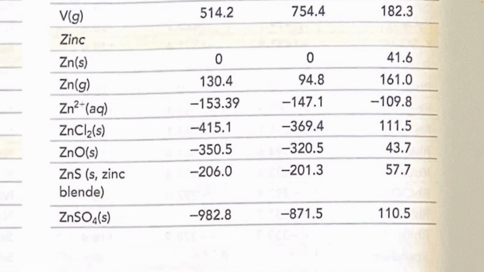Everybody take a minute, see if you can get those last two values that we need, and then finally tell me the delta H of that single replacement reaction. And again, we only need that first column.